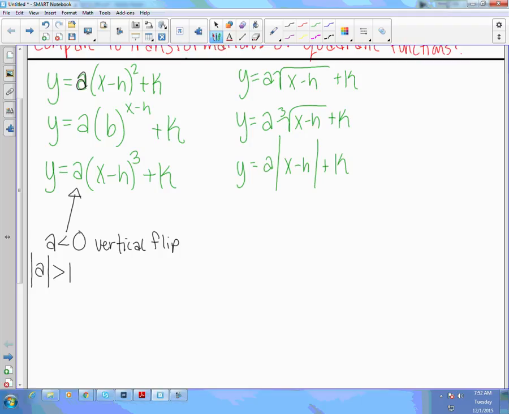Up 5, you're going up more. If you pull something up, what happens to it? It stretches. The arms come in and it gets skinnier, right? So when our multiplier is greater than 1, it's a vertical stretch.